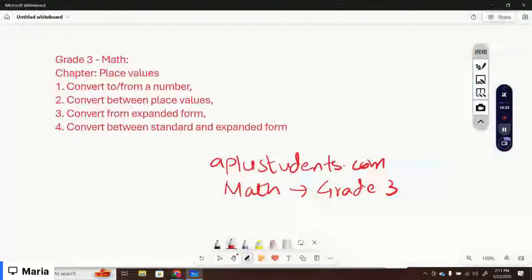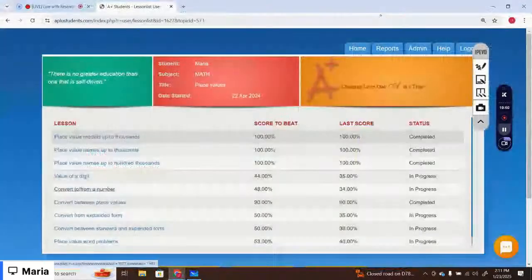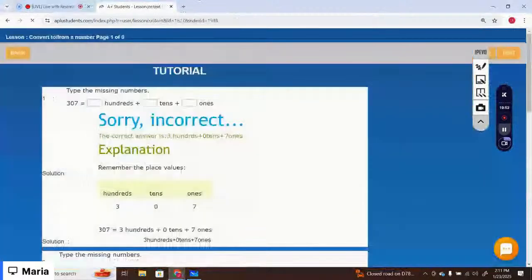Let me just move on to the next lesson. The next lesson is convert to from a number. Type the missing number 307.